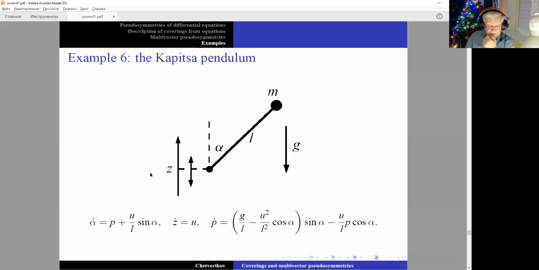The only distinction of this system from a mathematical pendulum is that the suspension point can move in the vertical direction.